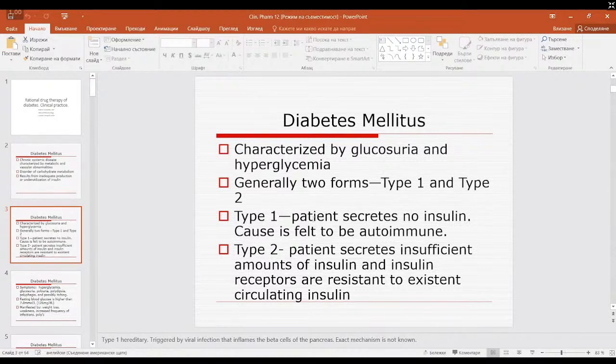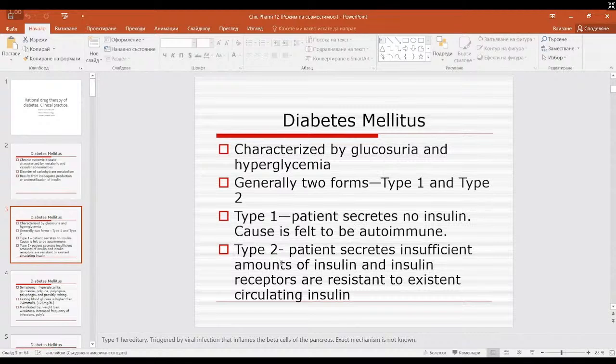In type 1, patients usually do not have any secretion of insulin, and the cause is usually autoimmune, although sometimes no specific cause is found. It can be diagnosed after a viral infection, after an autoimmune disease, or it can be just idiopathic, so no known cause.